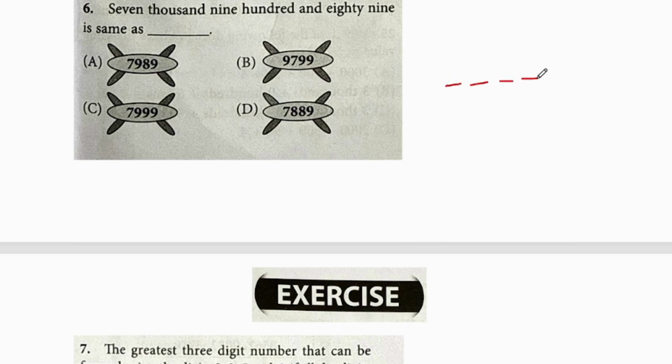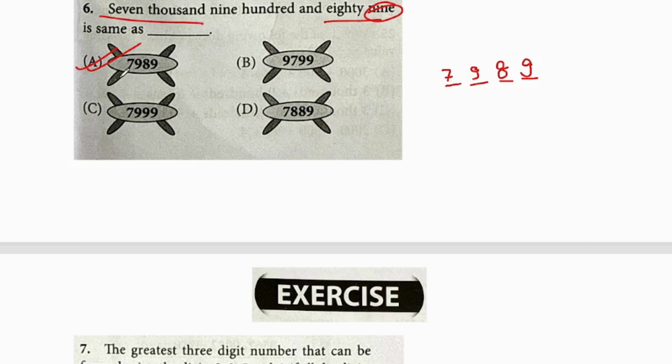So 4 places. 7,000. So at the 1000 place 7, 900, 9, and 80. 8 multiplied by 10, 80. It means 8 is at tens place, and 9 is at ones place. So 7989. Right? It becomes so simple.